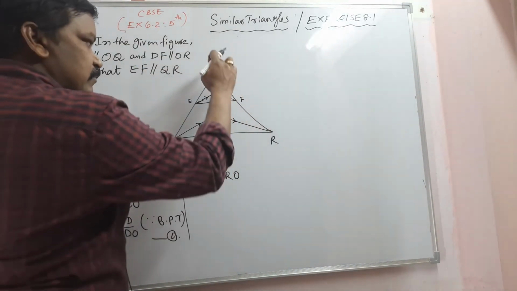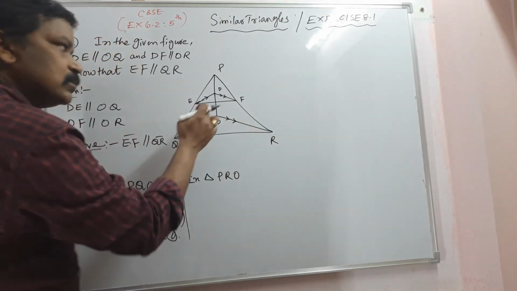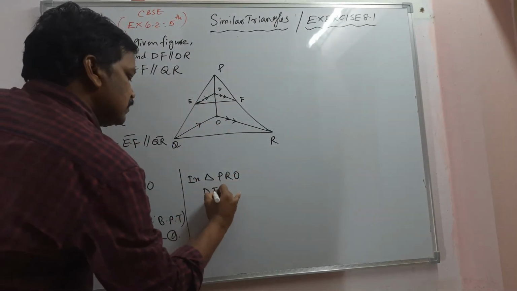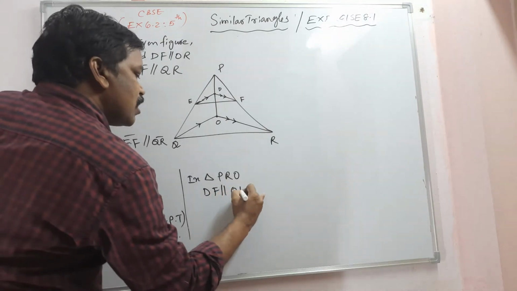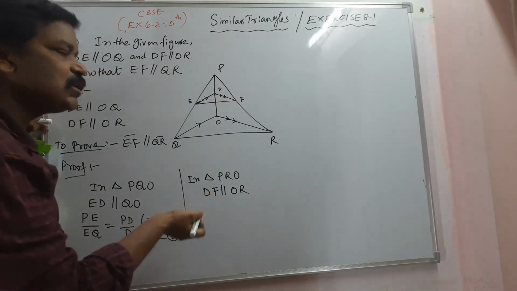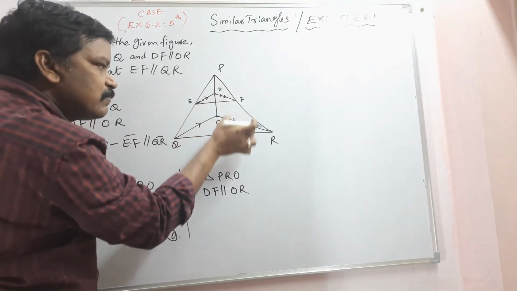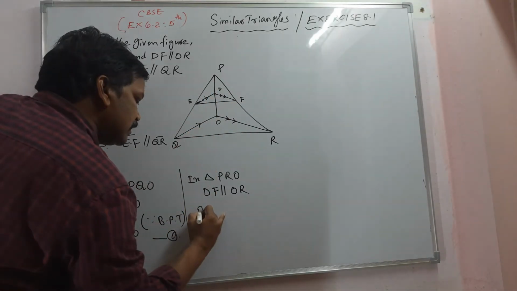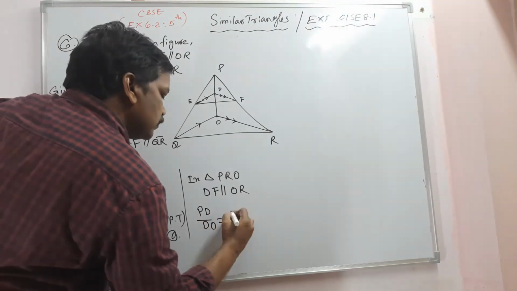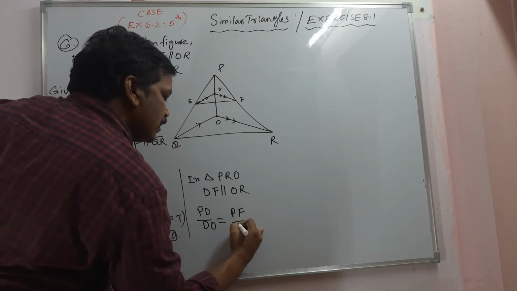Coming to the right side triangle PRO, this DF is parallel to OR. Therefore, again by basic proportionality theorem, PD by DO is equal to PF by FR.